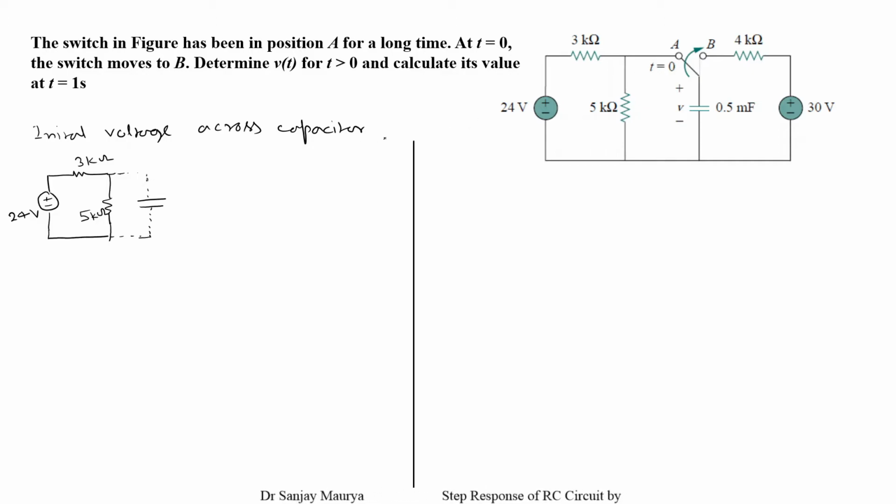So the voltage across the capacitor at time t equal to 0 will be the voltage across the 5k ohm. By applying the voltage division law, we can determine this voltage. This will be 15 volt.